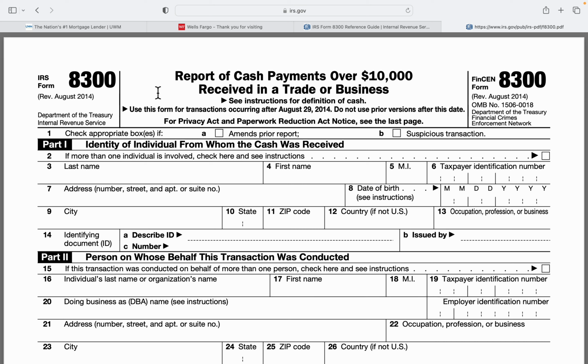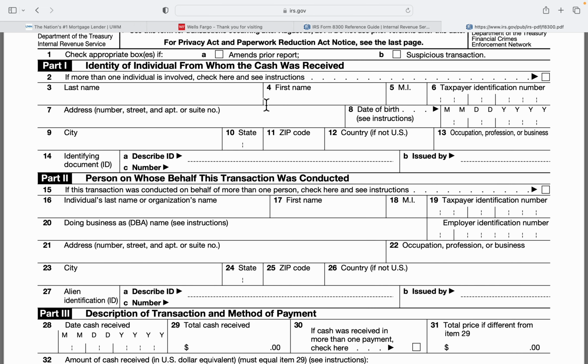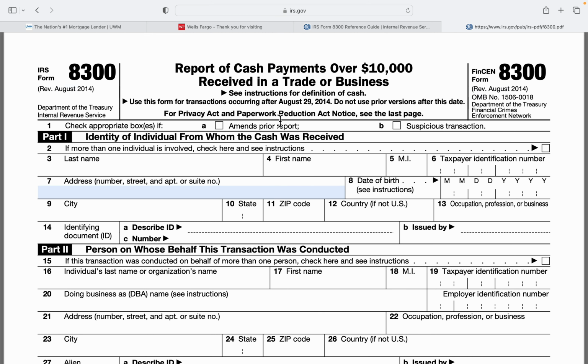So again, this is the IRS Form 8300, and this form is used to report cash payments over $10,000 in a trade or business. In the first line, you have A or B, and you would check the one that applies to you. If you're filing this form for the first time, neither of these boxes would apply.